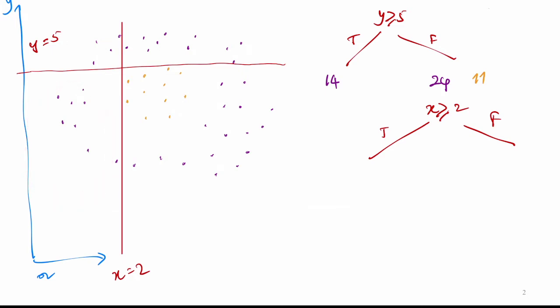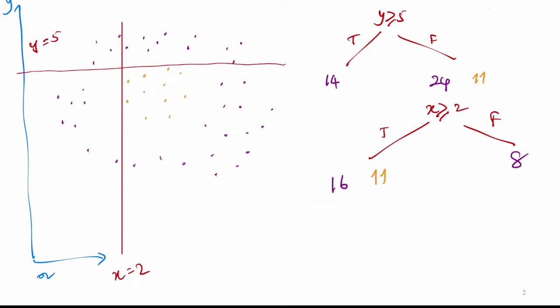Out of these 24 purples and 11 oranges, we have 8 purples on the false side. On the true side we now have 16 purples and 11 oranges.